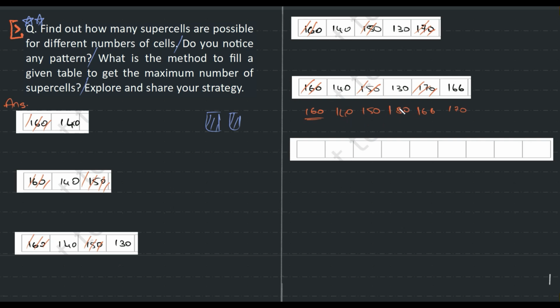Can I make this a supercell? No, I can't. 180 has to be the supercell over here. So even if I play around, I can just play around with 150 and 180. So only these 2 positions. I can't play around with these 2. So whatever I do, I end up with 3 supercells over here.